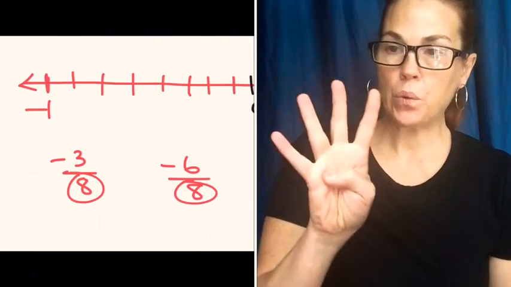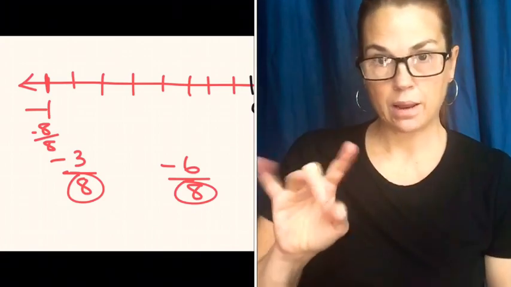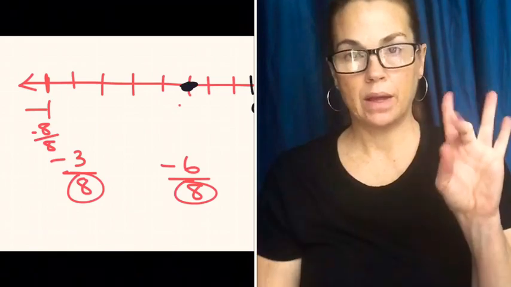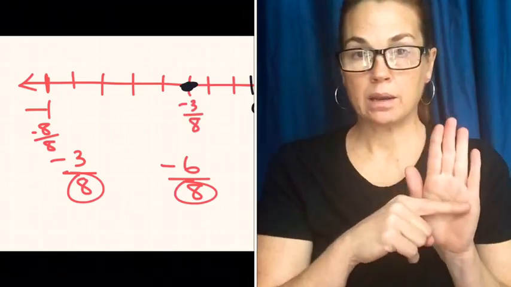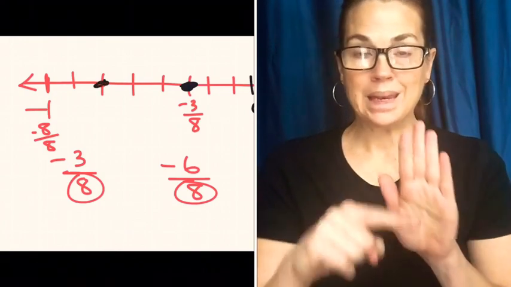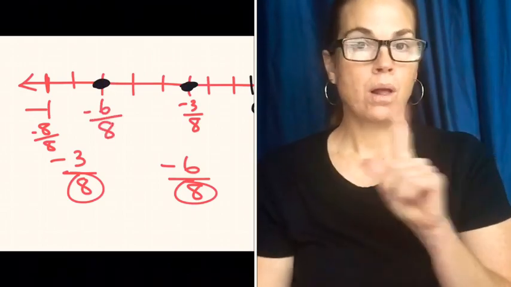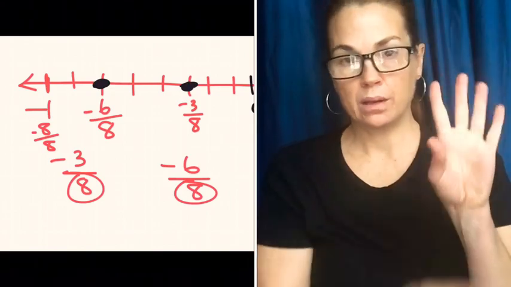Or in this case, negative 8/8 would be negative 1. So negative 3/8 would be right here. Negative 6/8, which is more negative, would be here, further to the left. Negative 6/8 is left of negative 3/8 since it's less than negative 3/8.